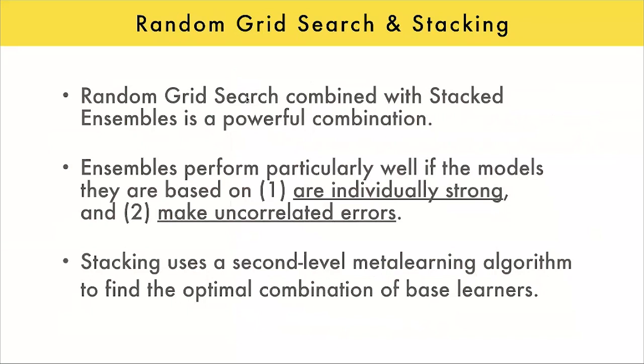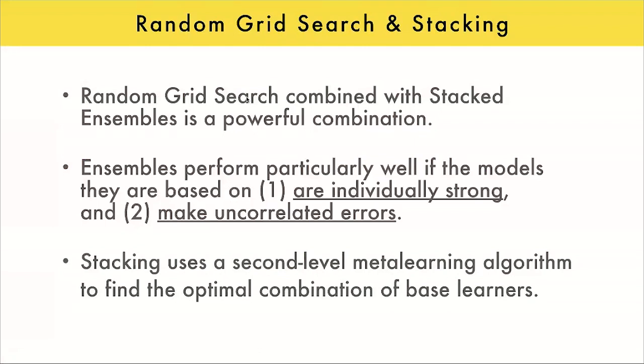They don't have to be really, really good, but just generally strong. And two, if they make uncorrelated errors. Basically, that means that when a model fails, it fails differently than its neighbor. So what we want is a strong team where people fail in different ways. To get a diverse set of models, one way to do that is just to randomly generate them.